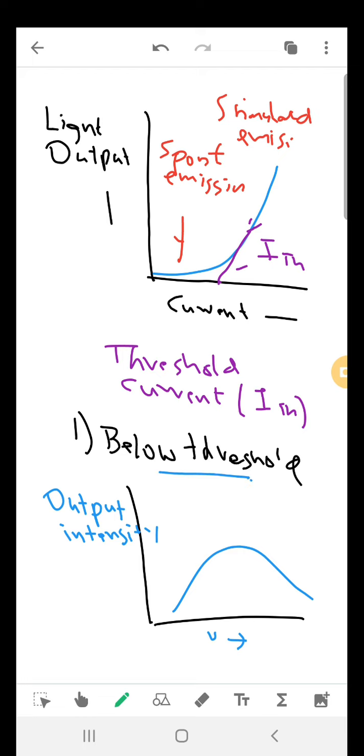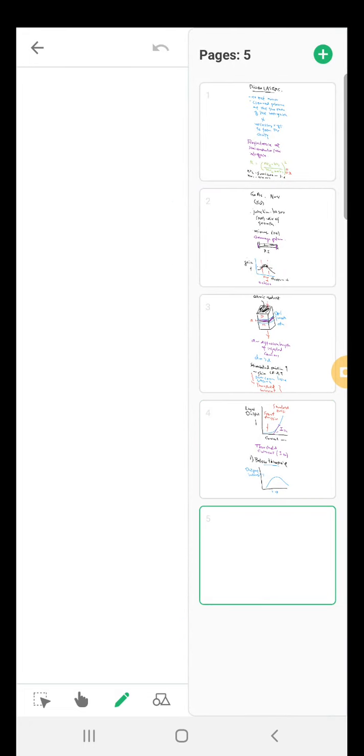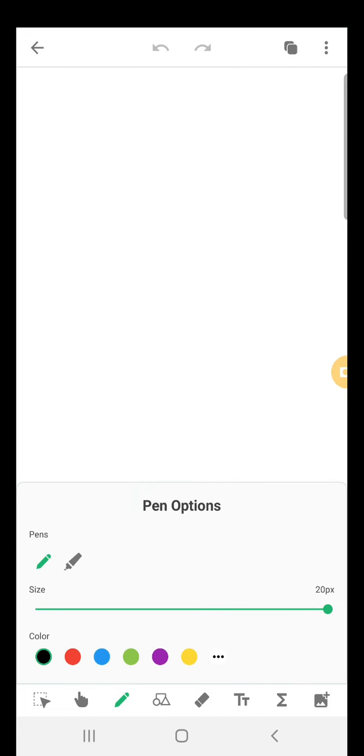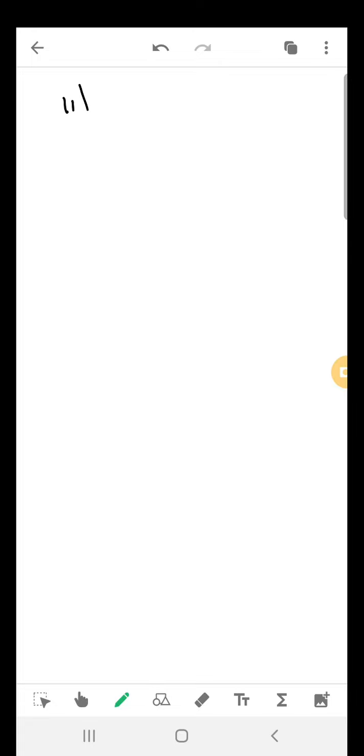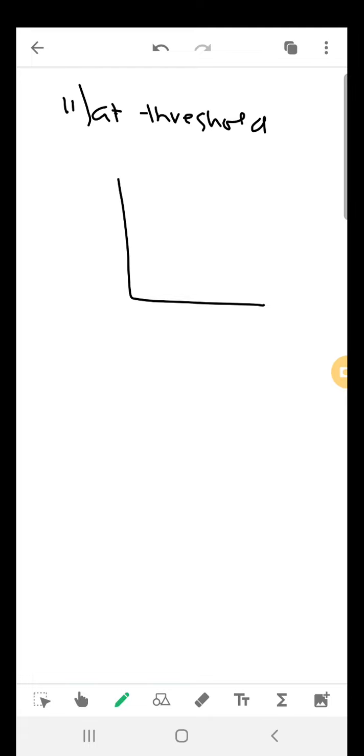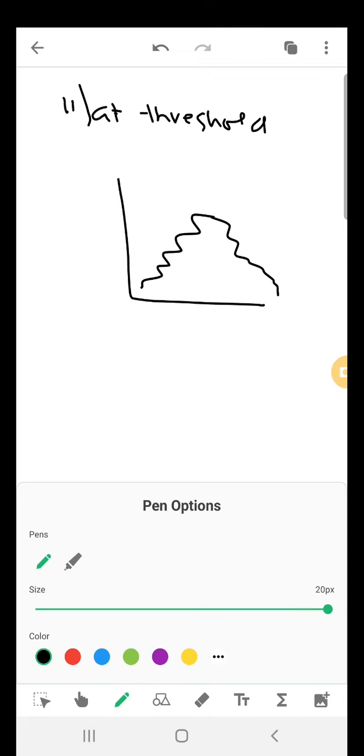At the threshold, the plot changes to a shape like this. So here what is happening, the laser mode is emerging.